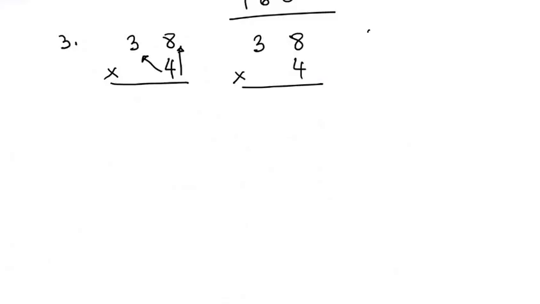So we are saying 4 times 8 will give us 32. Remember, what number are we going to write down? To the right hand side. And we carry our plus 3. And 4 again will multiply 3. And that gives us 12. Plus the 3 we carried over. That gives us 15. 152.